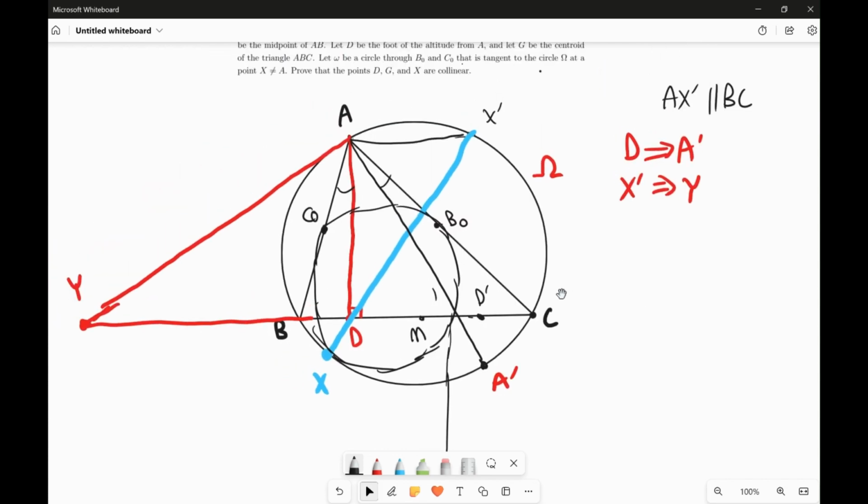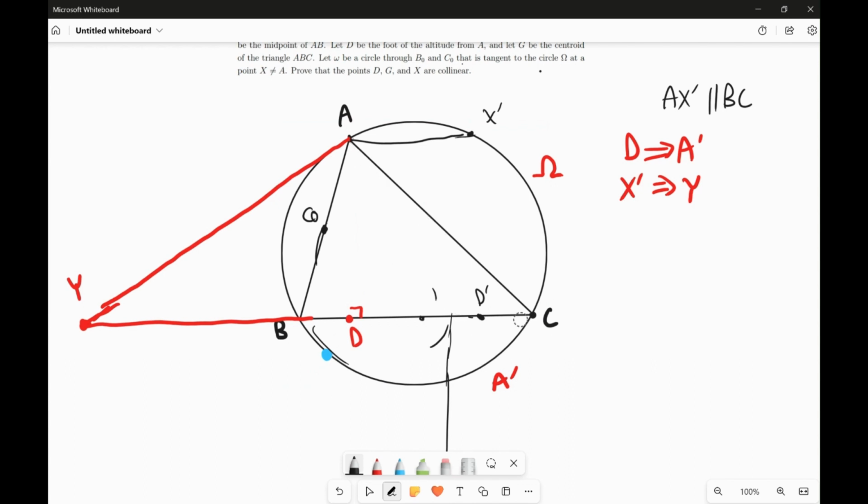And what we wish to show, since we want to show that D, X, X star are collinear, if we get rid of the point X in the picture, we can end up erasing all of this stuff to make things not a mess anymore. So let's go ahead and clean things up. So C0 is not needed anymore.